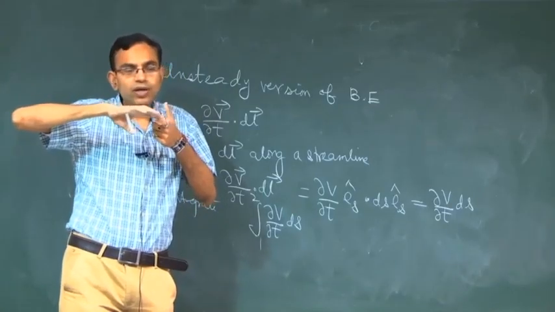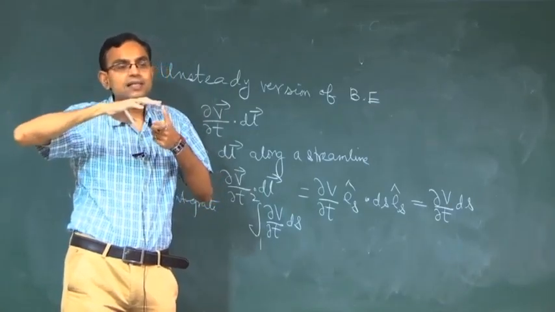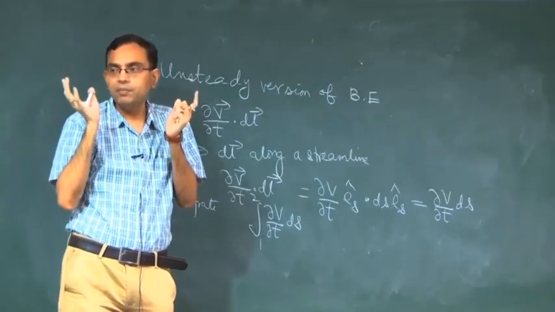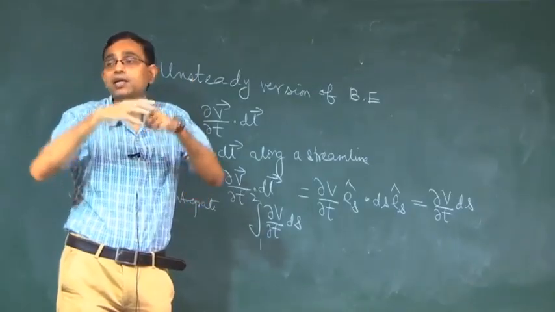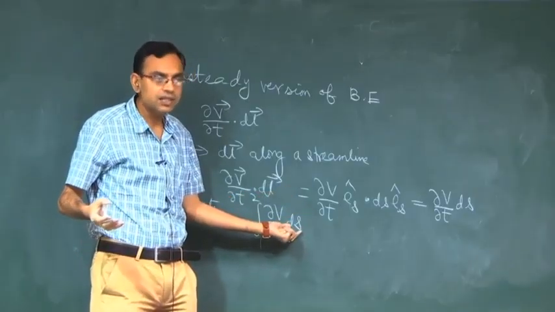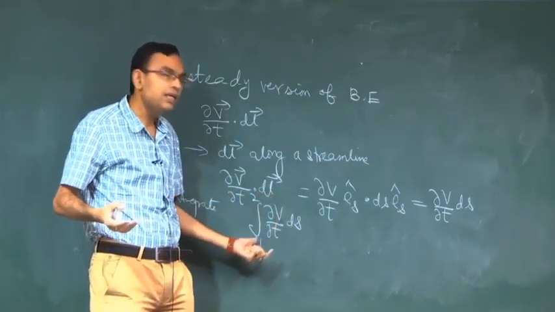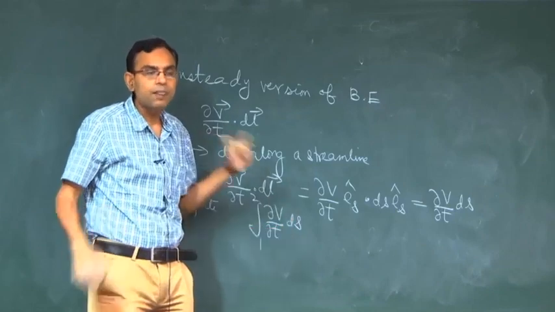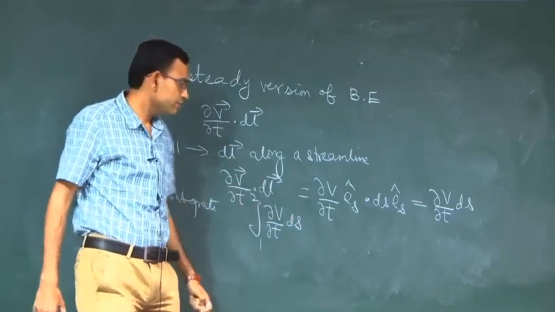So with that as a factor kept in mind, at least the streamline pattern should not change, so that the differential direction does not change altogether. It is possible to integrate this in a straightforward way for an unsteady flow.